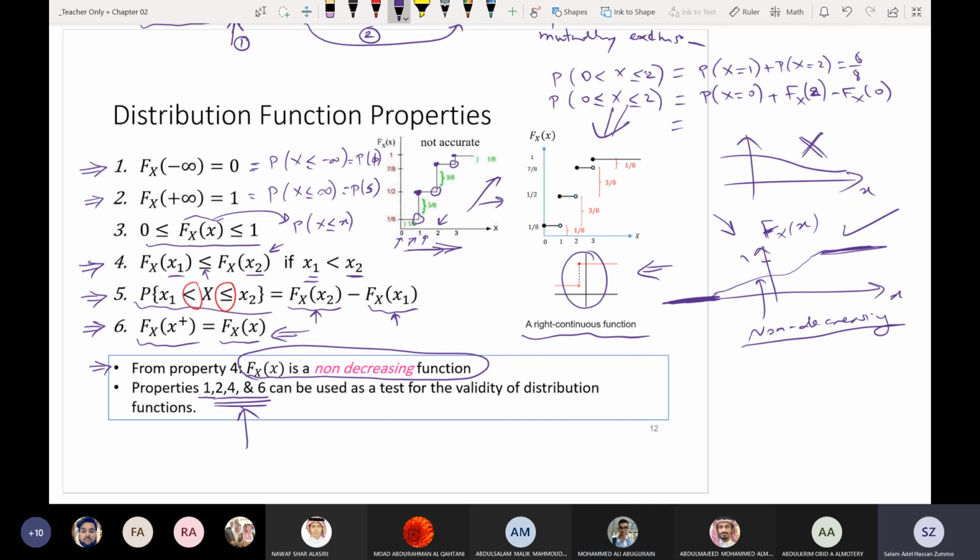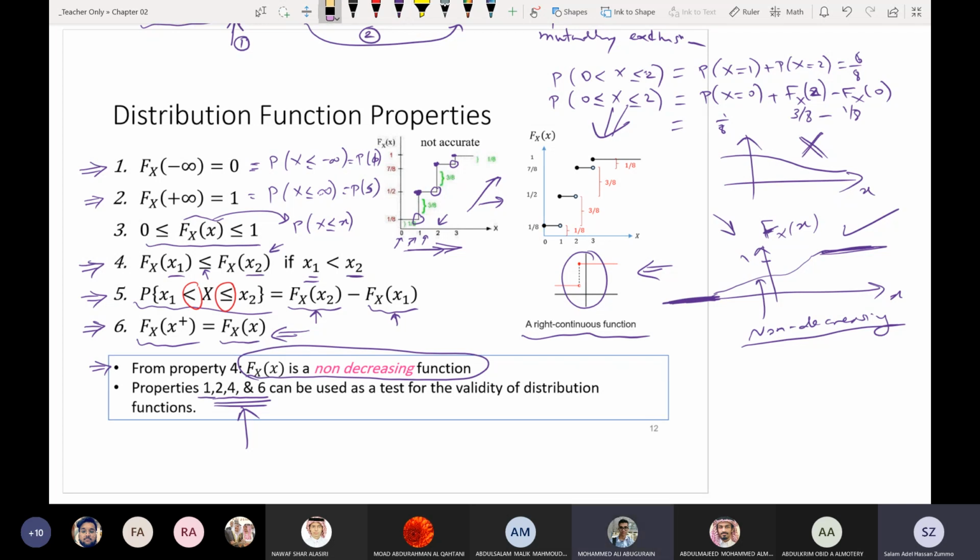خلينا نحلها. What is fx of 2? 3 over 8. ممتاز. What is fx of 0? 1 over 8. ممتاز. And what is px, probability of x equals 0? 1 over 8 also. لا معليش fx of 2 كم كانت؟ fx of 2 ما هي 3 على 8.